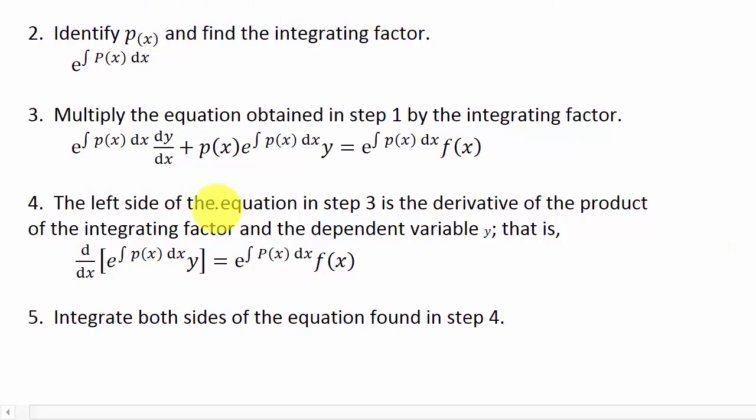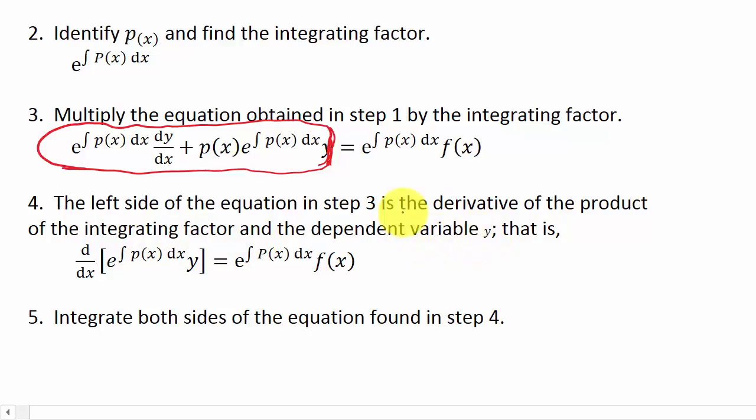Now, the left side of the equation in step 3, this part right here, and the y is included, is the derivative of the product of the integrating factor and the dependent variable y.